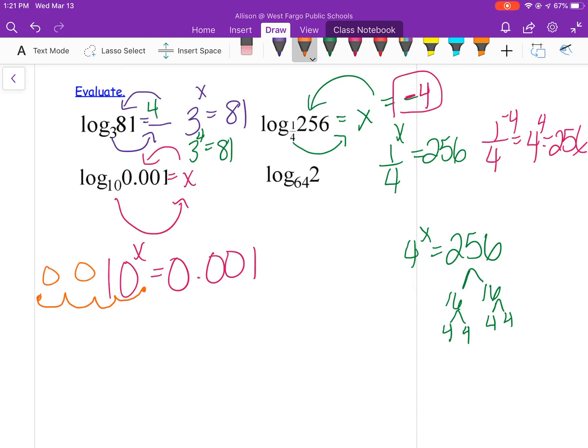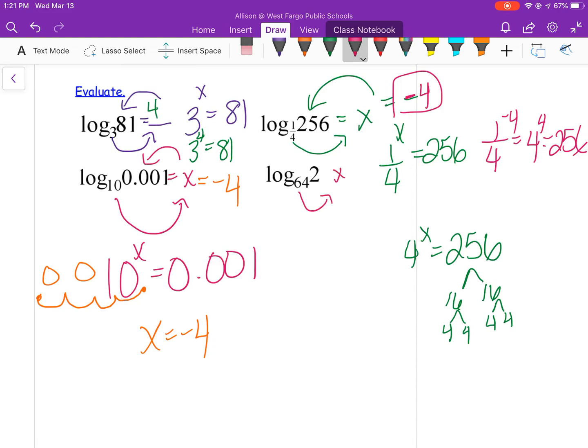So that means I had to go 4 to the left, so this exponent has to be -4. So that's how I figured that one out. 10 to the -4th power would equal 0.0001.